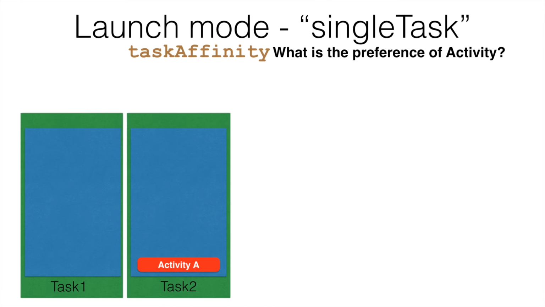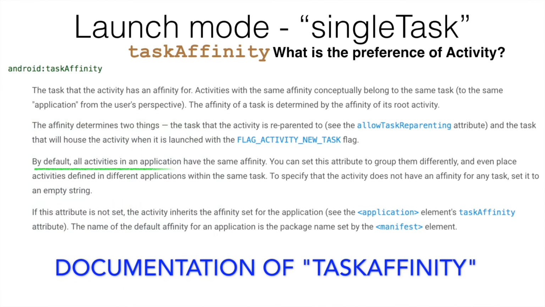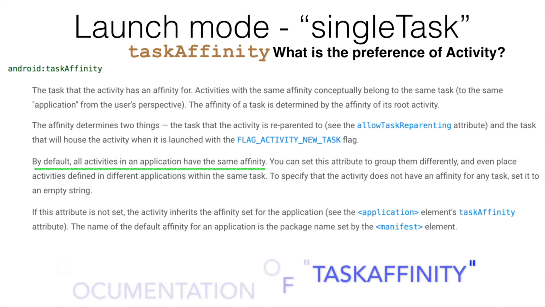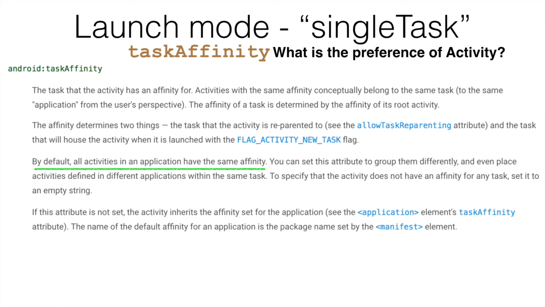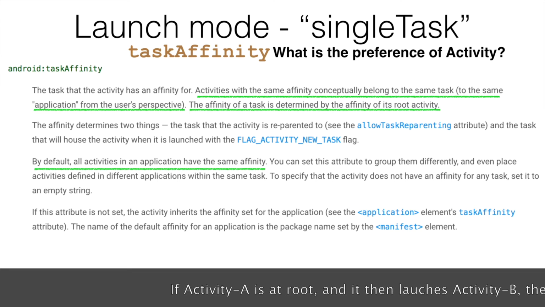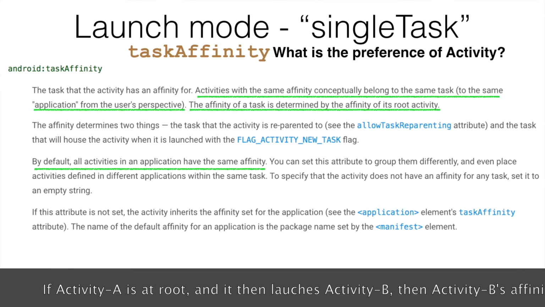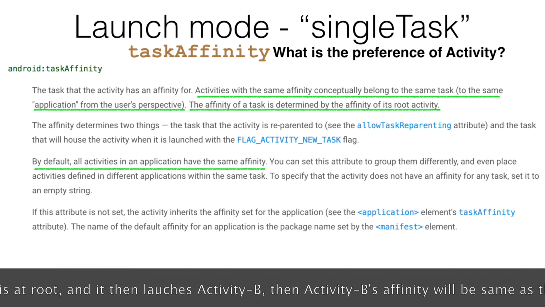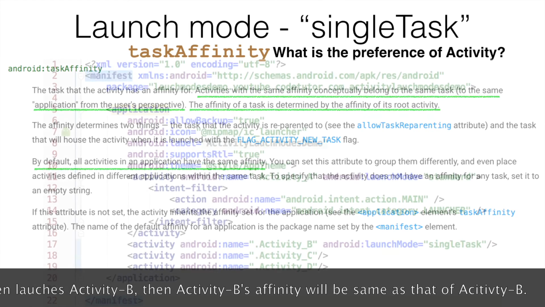If you go back to the documentation, by default all activities in an application have the same affinity. Activities with the same affinity conceptually belong to the same task, at least from the user's perspective, and the affinity of the task is determined by the affinity of its root activity. So what does this mean from the developer's perspective when he declares an activity in the manifest file?